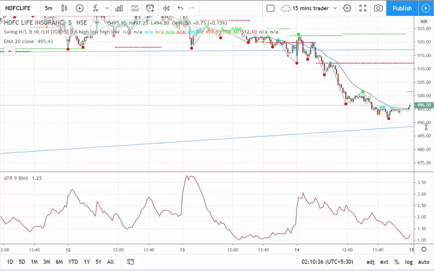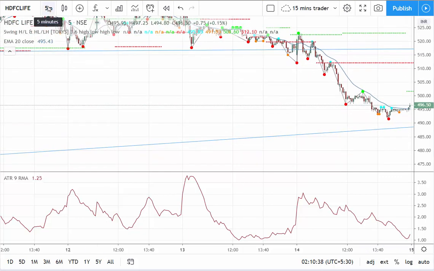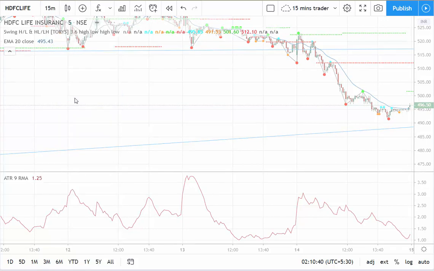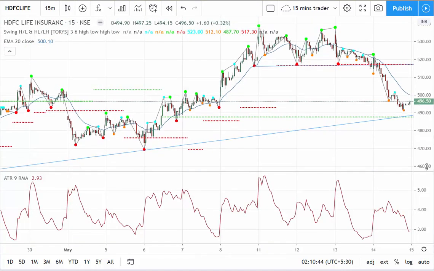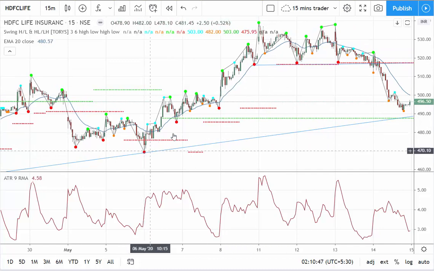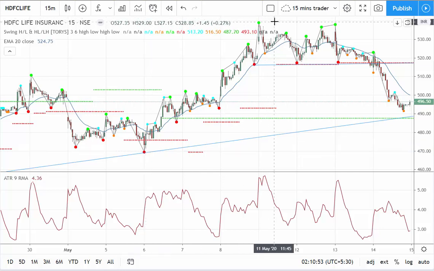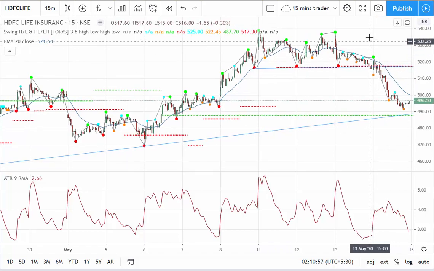I'll just tell you. Just switch back to the 15-minute chart. You can see the swing from 472 closer to 540.